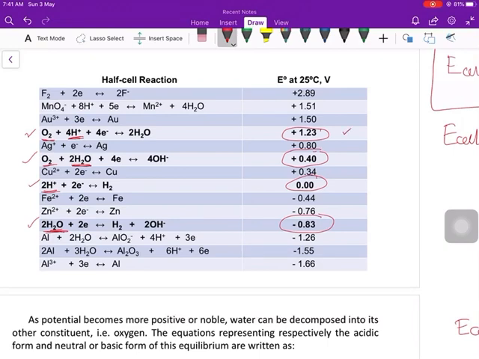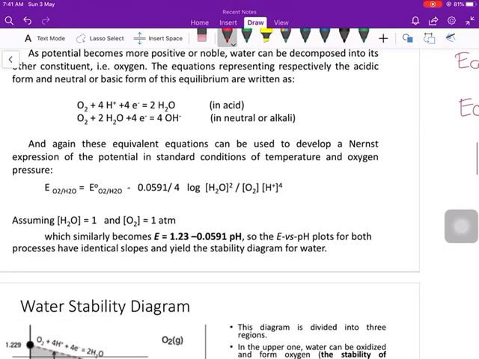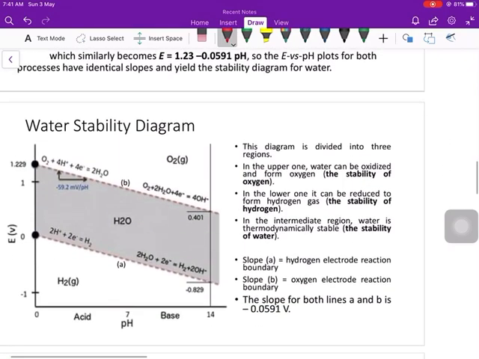Okay, so exactly in this table, so this is 1.23 in acidic, and this is pH 14, 0.40. This is the bottom slope, start with 0, end up with negative 0.83 volt. Okay, so I explained this. So you just refer to what I have sketched or I have written up there.